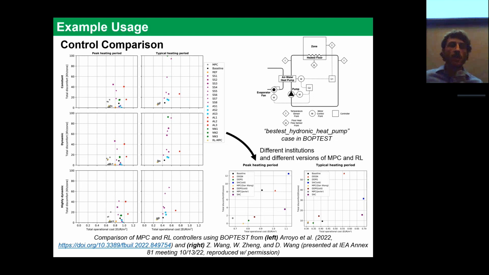What the study did on the left was test a number of different reinforcement learning algorithms and also MPC implementations, and compare them all on this test case and plot them, as you see there. I'm not going to get into details of the different algorithms that were run, but one thing that's interesting is the MPC tended to perform better. Those are the gray dots that you see more towards the lower left.